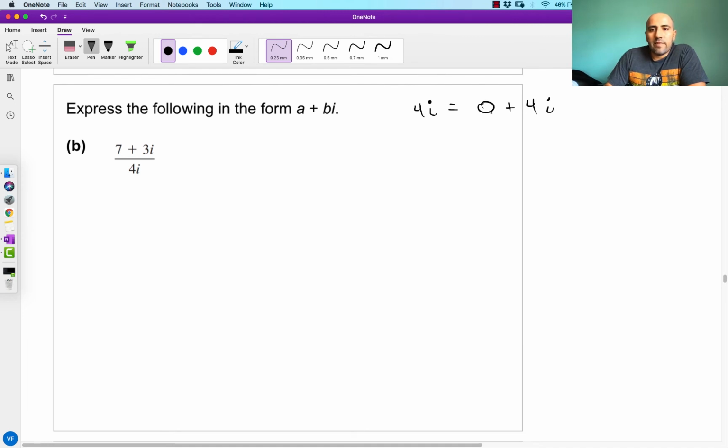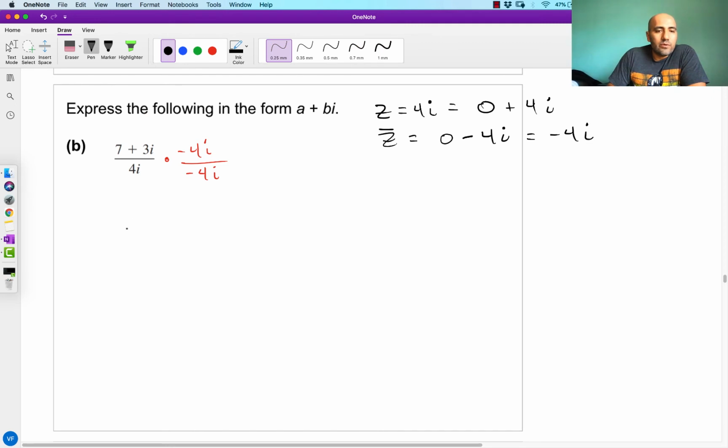So if this is my complex number z, then its complex conjugate is going to be equal to 0 minus 4i, or just negative 4i. All right, so following that advice, in order to simplify this, I'm going to multiply the numerator and denominator by minus 4i, all over minus 4i.